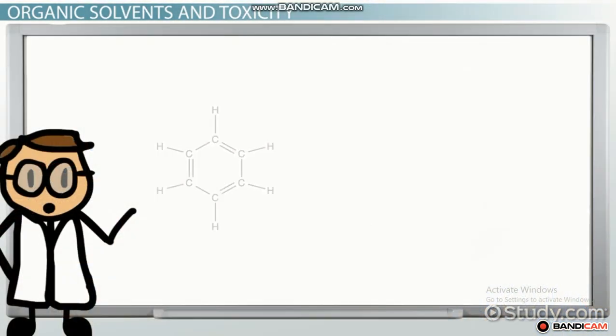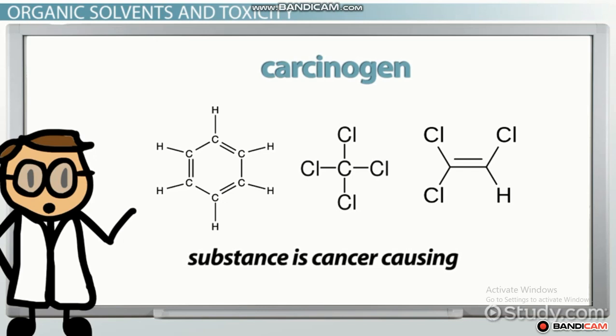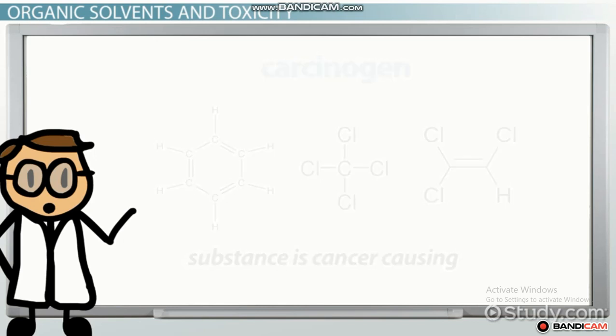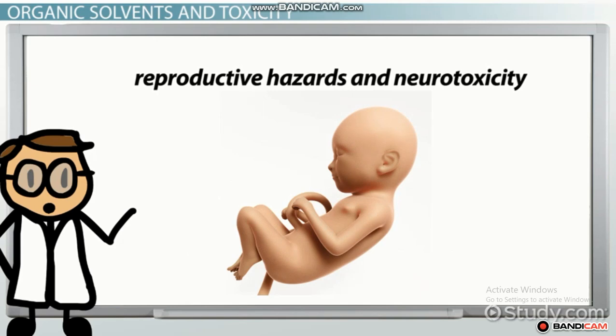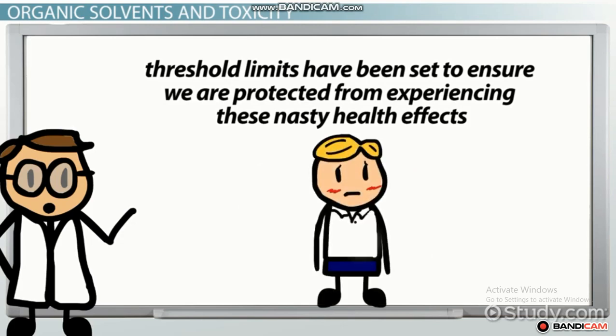For instance, organic solvents such as benzene, carbon tetrachloride, and trichloroethylene are classified as carcinogens. A carcinogen is another way to say that a substance is cancer-causing. Other health risks include reproductive hazards and neurotoxicity. Thus, threshold limits have to be set to ensure we are protected from experiencing these nasty health effects.